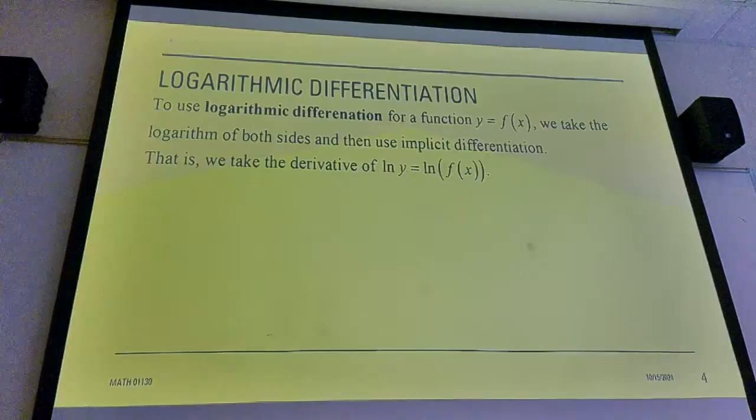So what we're doing is finding dy/dx for natural log of y equals natural log of f of x. Logarithmic differentiation can also be used if you're given a really difficult quotient. You could use logarithms to simplify the process.